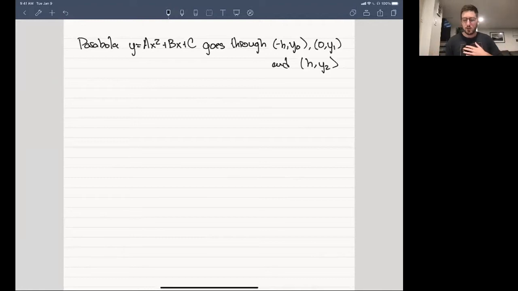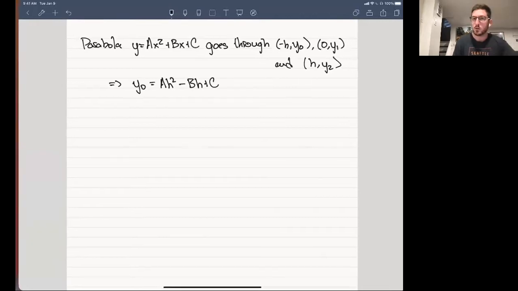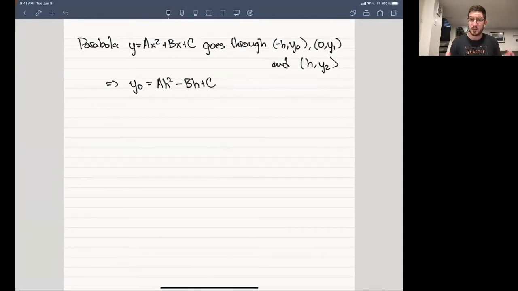Just for illustration. Going through the point minus h, y0 is the same as saying that y0 is equal to ah squared minus bh plus c. All I did was put x equal to minus h in there and set it equal to y0.